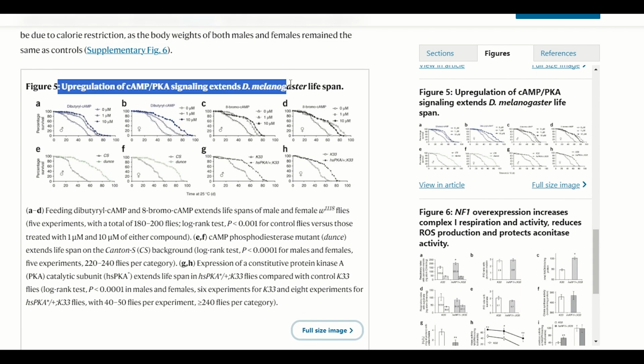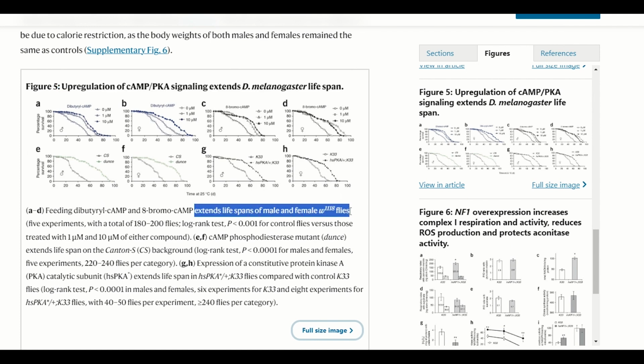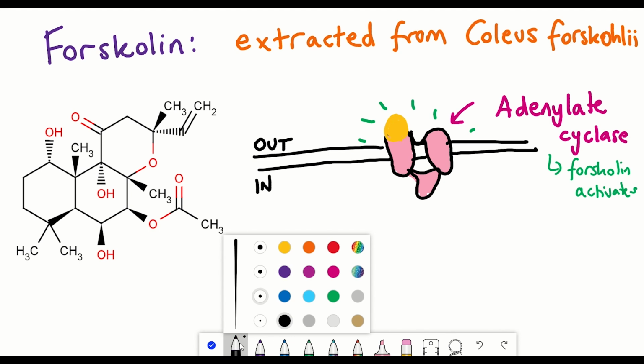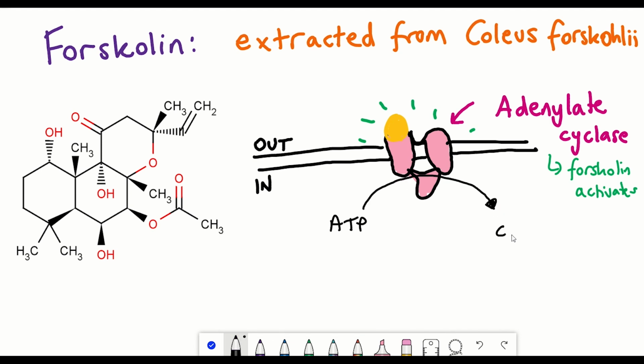So that was interesting. And just to add even more biochemistry into this, so far we've looked at how forskolin, through activating adenylate cyclase, can increase cyclic AMP, as more of it is actually made within the cell. But this is not the only mechanism by which you can increase cyclic AMP. An alternative way is to prevent the breakdown of cyclic AMP.